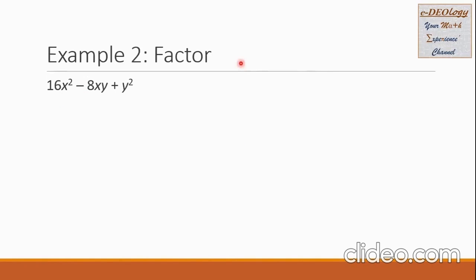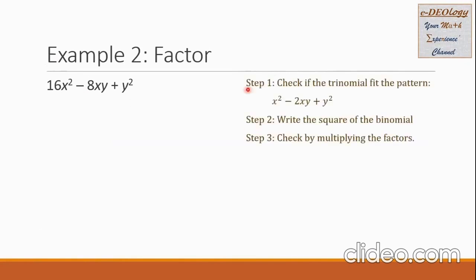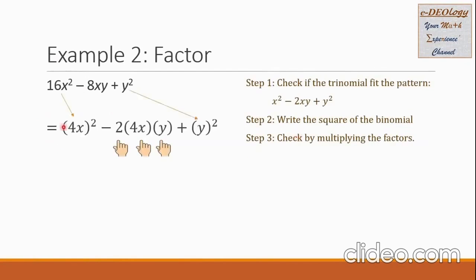Let us go to example 2. Factor the trinomial 16x squared minus 8xy plus y squared. I wrote my steps here. So first, I'm going to rewrite the 16x squared into the square of 4x and the y squared to be the square of y.